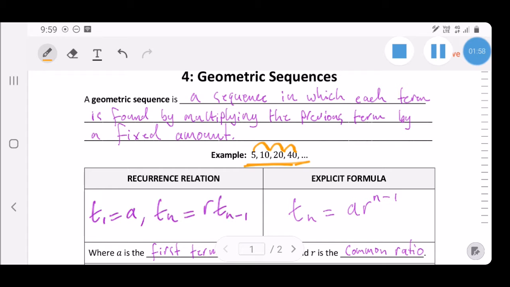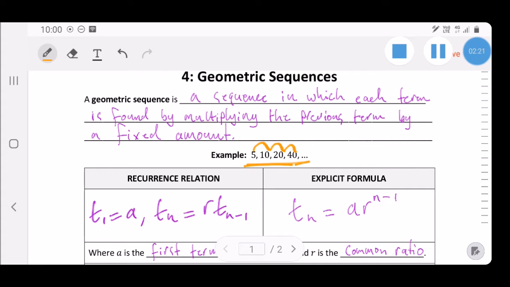Okay? Now, as was the case for arithmetic sequences, we have two ways of representing these. We have a recurrence relation and an explicit formula. A recurrence relation, once again, is what enables you to find, let's say, the 50th term if you know the 49th term.